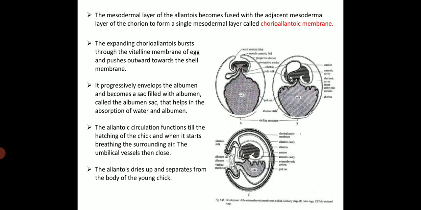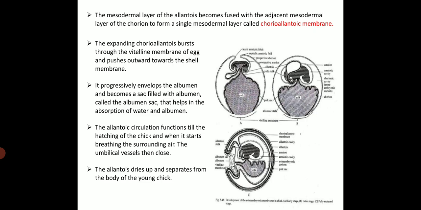So the mesodermal layer of the allantois fuses with the adjacent mesodermal layer of the chorion, where they form a single layer that we call the chorioallantoic membrane.